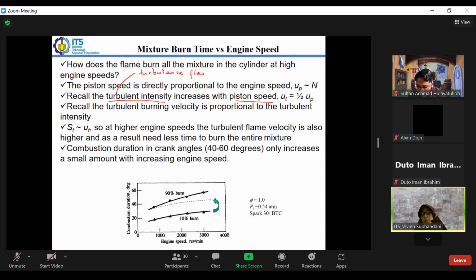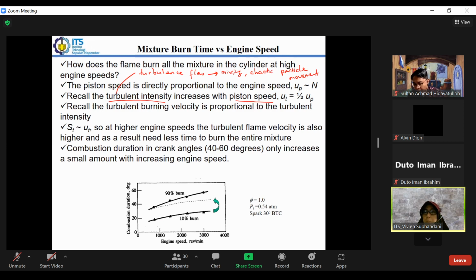When you learn about fluid mechanics, we know that the flow can be laminar or turbulent. And when we have the turbulent flow, it means that we will have more mixing, chaotic particle movement. So when we have chaotic particle movement, the mixing will be higher.